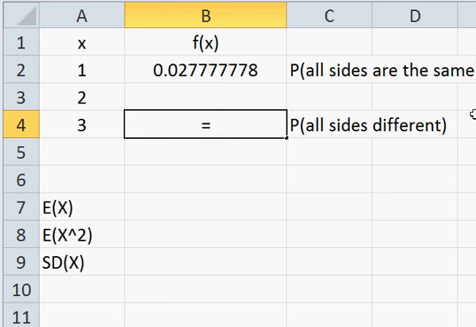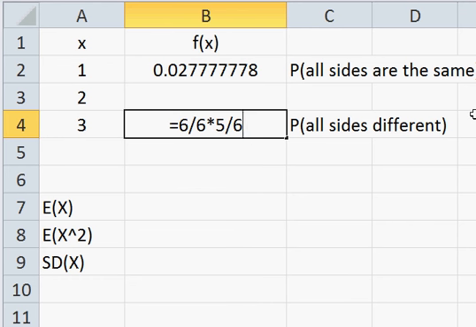Okay, now the chance of them all being different. Once again, this is an AND question. The first die can be anything. The second die can be anything except what appears in the first die. In other words, if the first die is a 1, then the second die could be either a 2, 3, 4, 5, or 6. So for the second die, there are 5 favorable outcomes out of 6 possible.